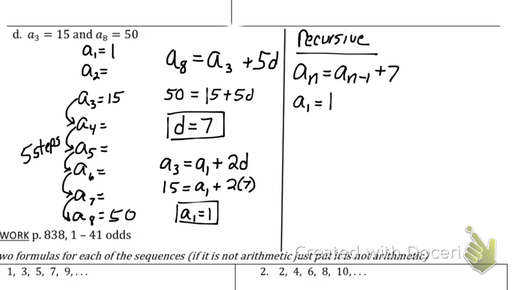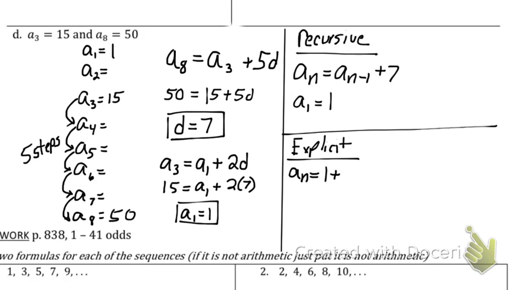I mean, let's pretend that we did our explicit, right? I'm doing my explicit, and I'm saying a sub n equals my first term, which is 1, plus my difference times n minus 1. And for some reason I say a sub 1 equals 1.